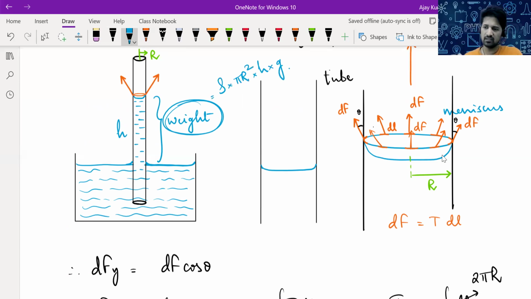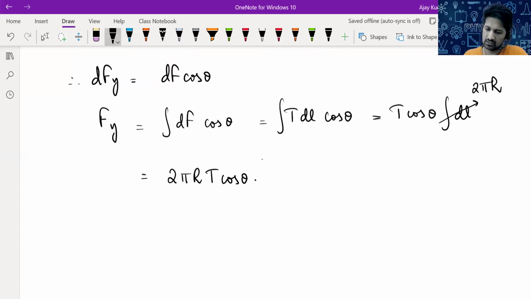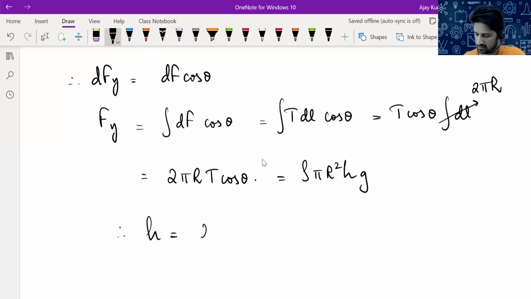That's the weight of liquid inside the tube which is above the liquid outside the tube. So rho into pi r square h into g. This force has to balance that weight. That's all. You get the expression for height of capillary rise as h equals 2T cos theta divided by rho r g.